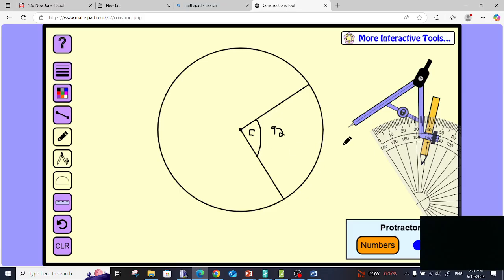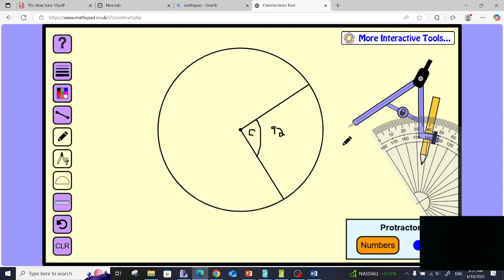That's funny. This angle here is called a central angle. So this is going to be part of your notes. Right here, this central angle.